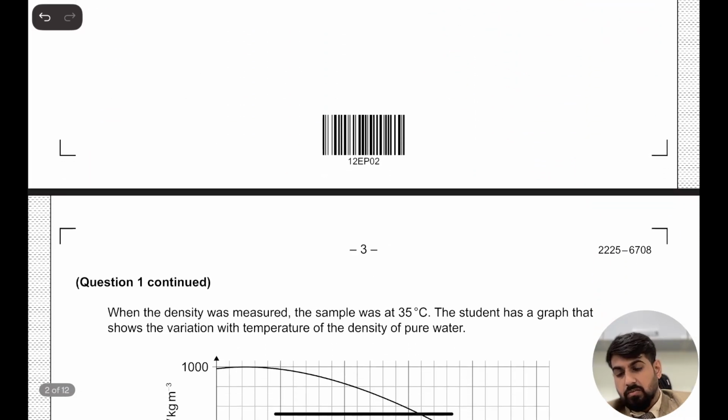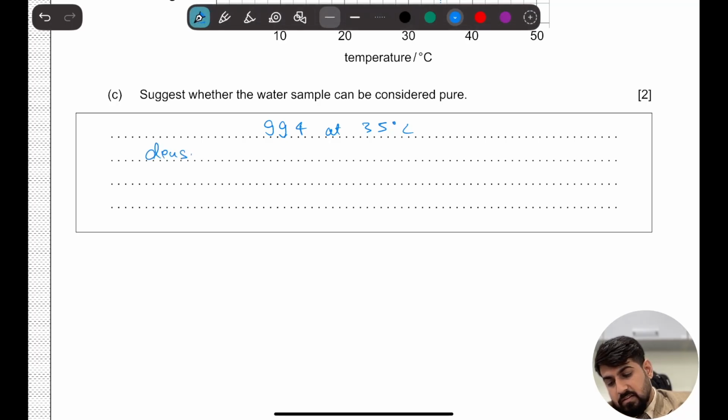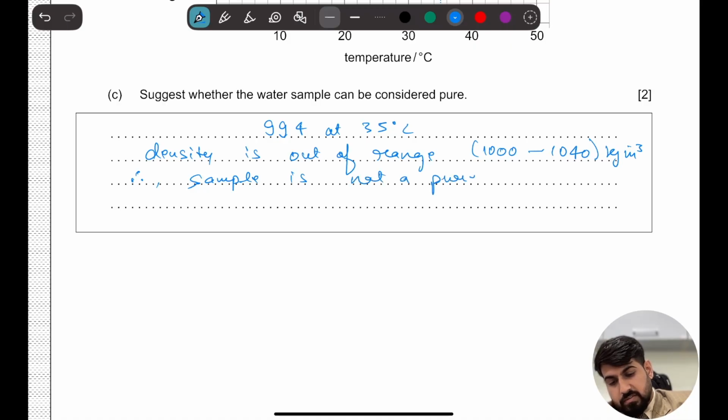So the density is out of range, from 1000 to 1040 kg per meter cube. Therefore the sample is not a pure water sample.